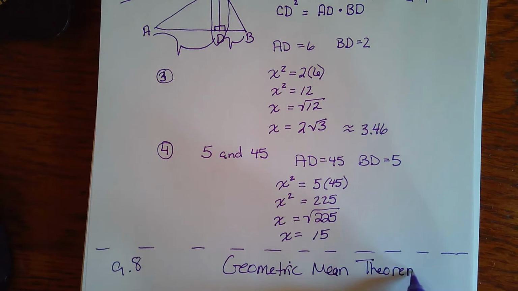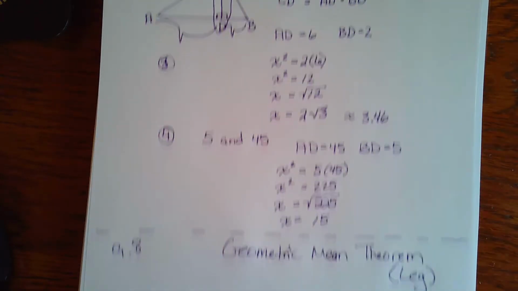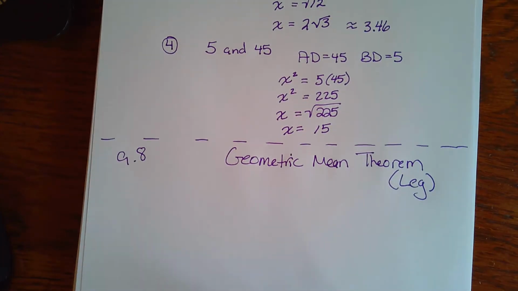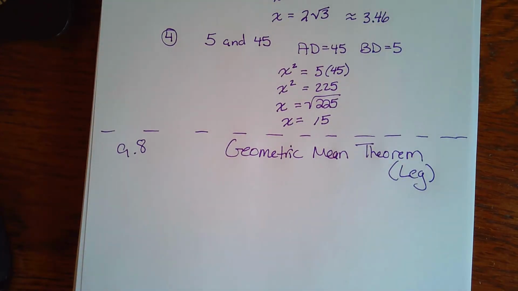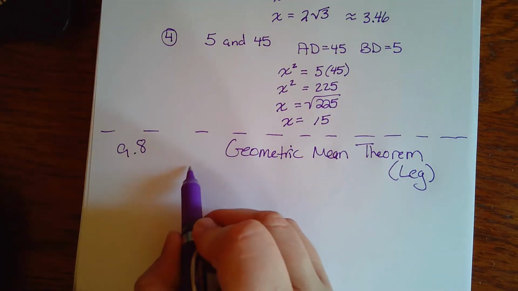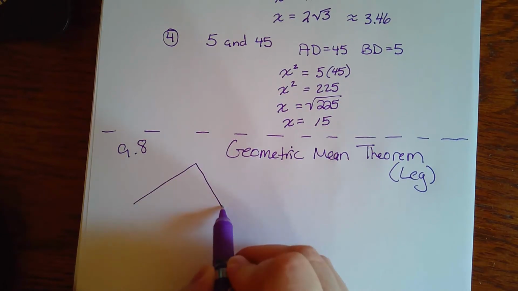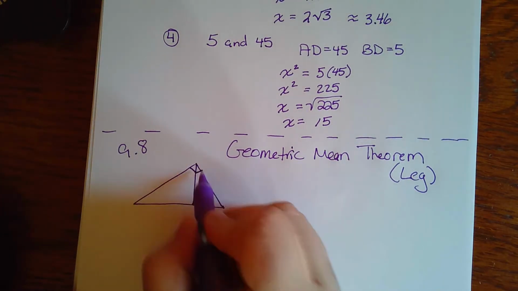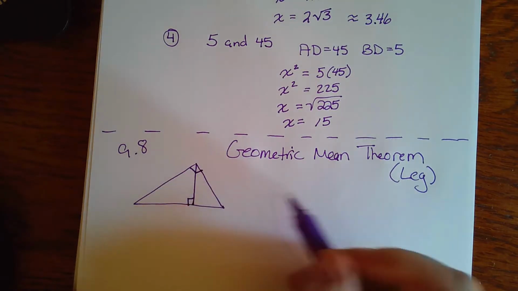And this has to do with the leg this time. Okay, so with this one, it basically states you have two types that you could be looking for. You could be looking for the shorter leg or the longer leg. So let's redraw that triangle that we had up above. There's my altitude. There's that one and that one.